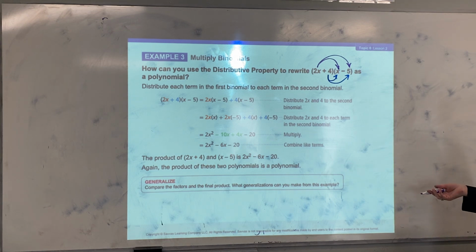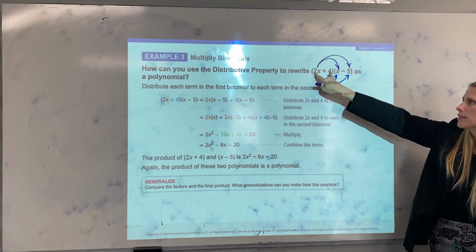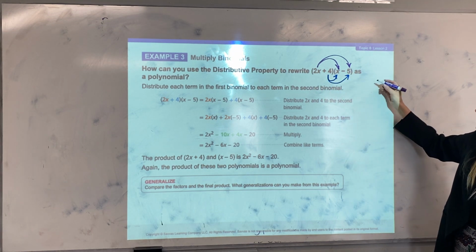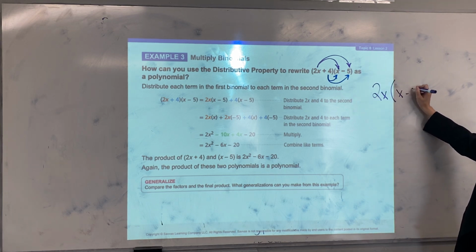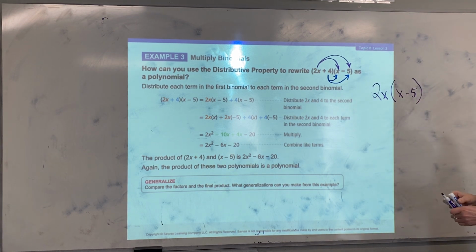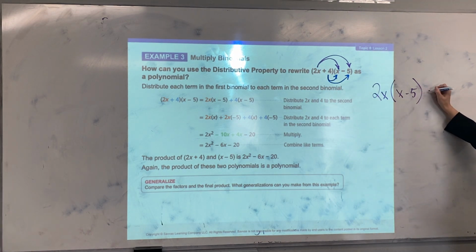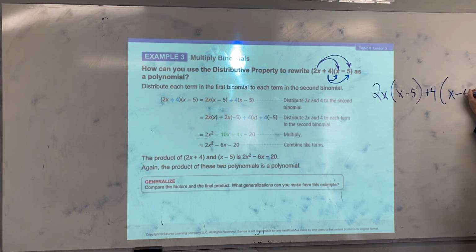So the distributive property, yes, it is the FOIL method, but we're not using the word FOIL at this point, although it is the same thing. What we're gonna do is split up our binomial so that the 2x is distributed to the x minus 5, and the 4, my positive 4, is distributed to the x minus 5.